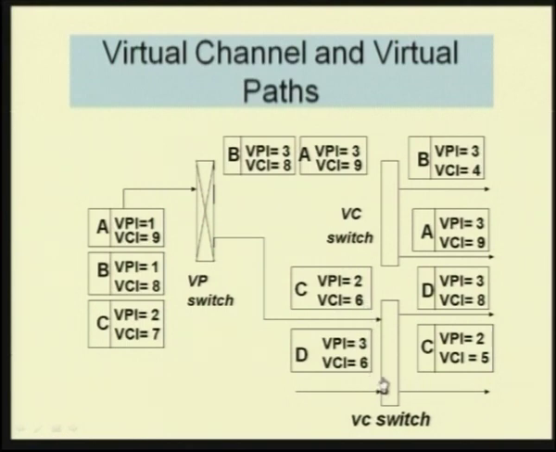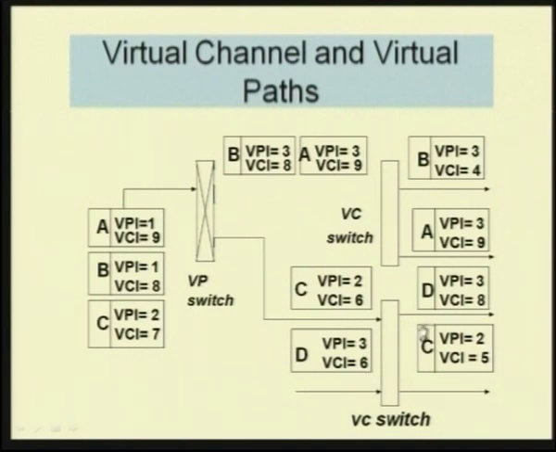When it goes through a VC switch, you will see that it is the VC that is changed, but the VP remains the same. So, the VPI which was 2 for C remains 2 for C, the VPI which was 3 for D remains 3 for D, but the VCI value which was 6 here becomes 5 here, and which was 6 here becomes 8 here. So, it is at the VC switch that the VCs are changed.